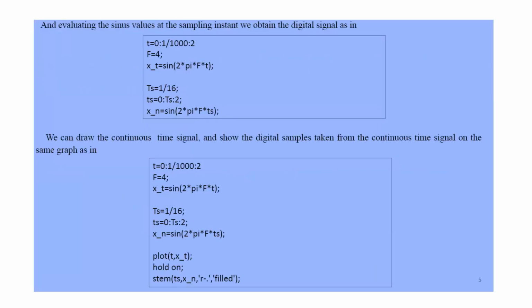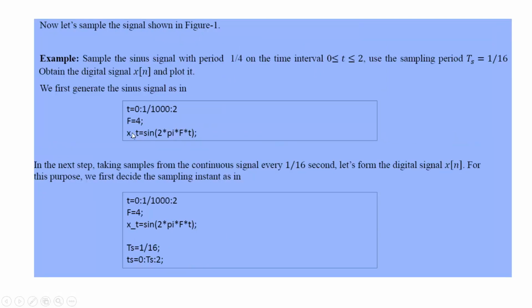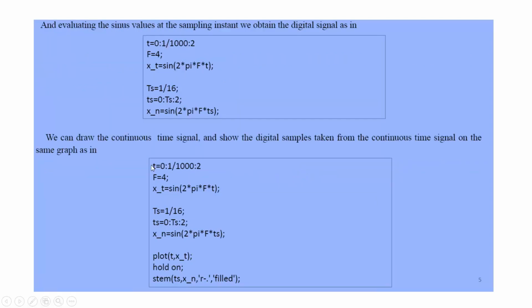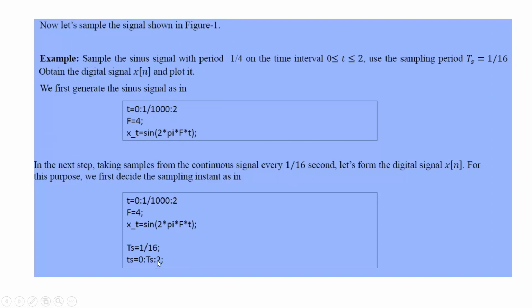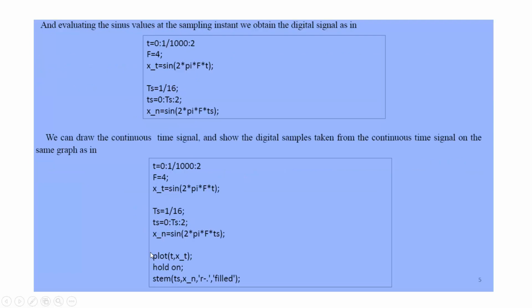Okay, now let us look at the plotting of the graph for this sampling period of 1 by 16, because we have already created these discrete time steps from 0 to 2. This is the interval, and Ts is the sampling period, because we need to create steps of this size.